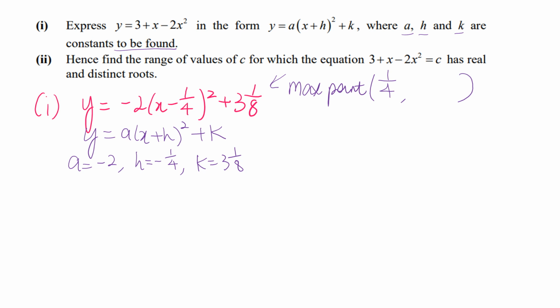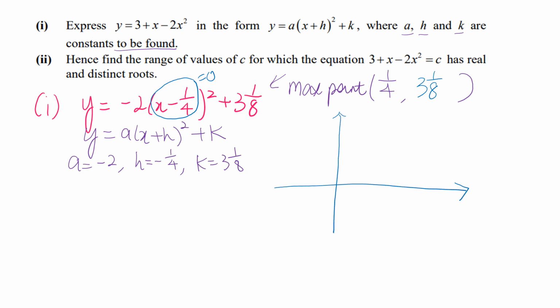How do you get 1/4? You let this equal to 0, so x will be 1/4. And if that is 0, 0 plus 3 1/8, so your maximum y value will be 3 1/8. So in other words, your curve will look like this.